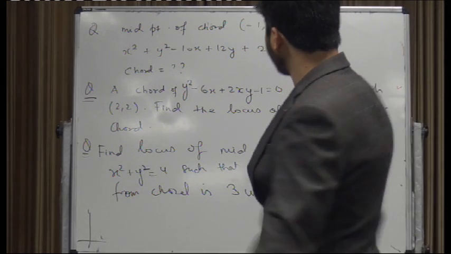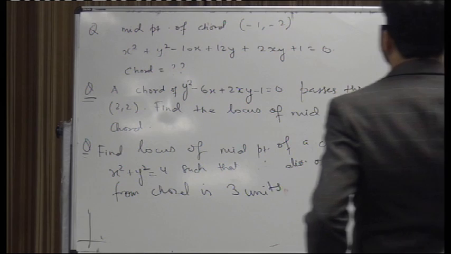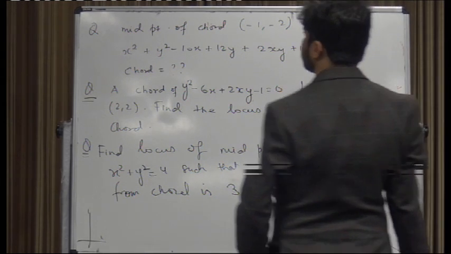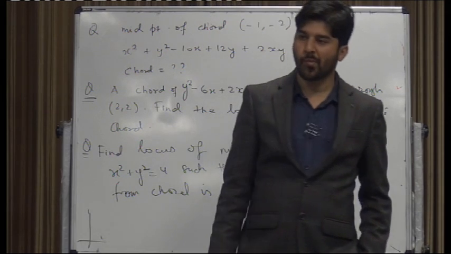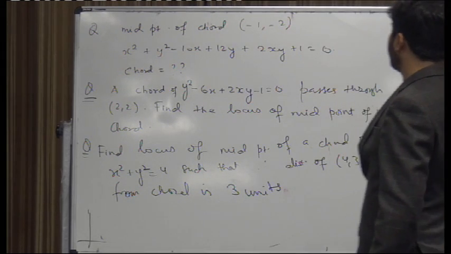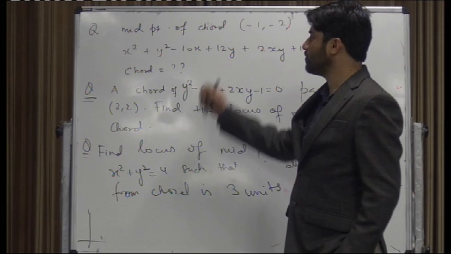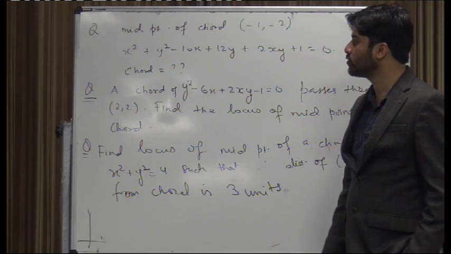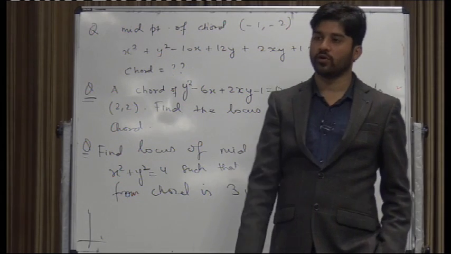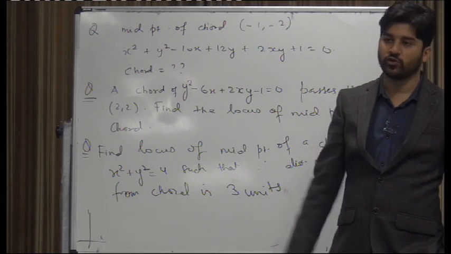So you have the midpoint given and the curve given. You have to tell me the equation of the chord. Midpoint is -1 comma -2, and the equation of the curve is x square plus y square minus 10x plus 12y plus 2xy plus 1 is equal to 0. So you have to tell me the equation of the chord. How to go for it? T is equal to S1 directly.